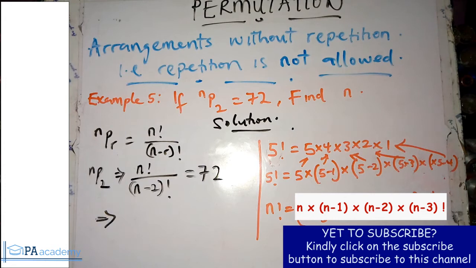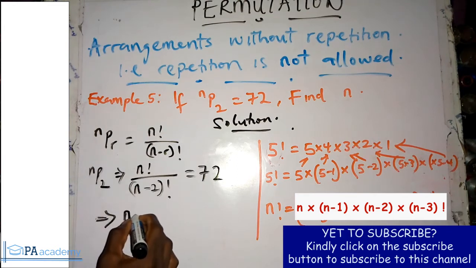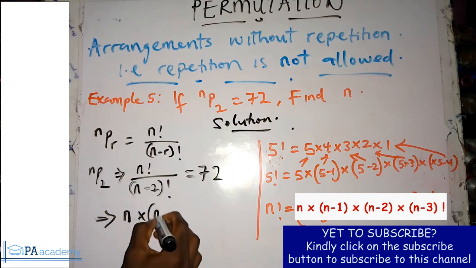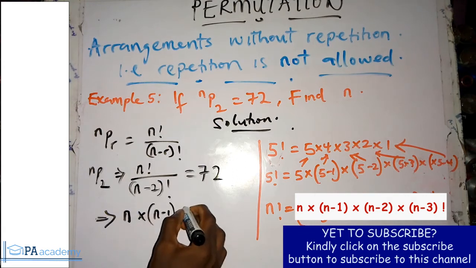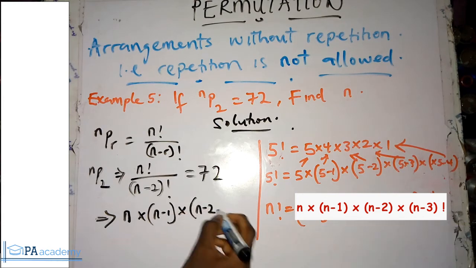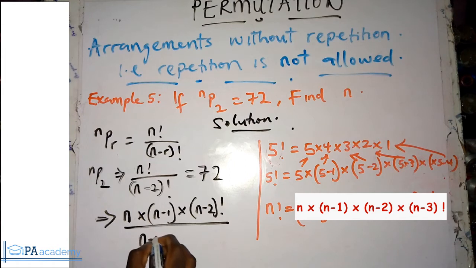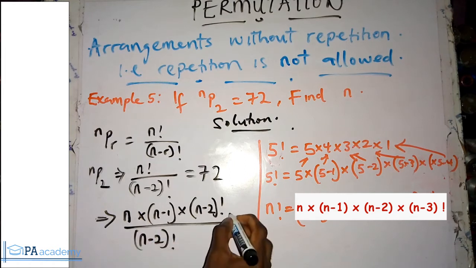So with what I've just explained, we can rewrite n factorial as n times n minus 1 times n minus 2 factorial, over n minus 2 factorial, equals 72.